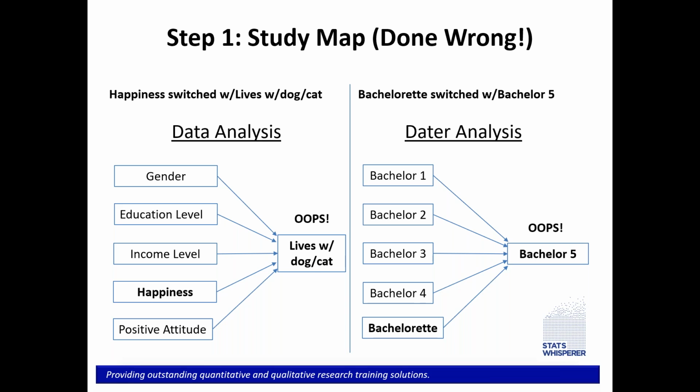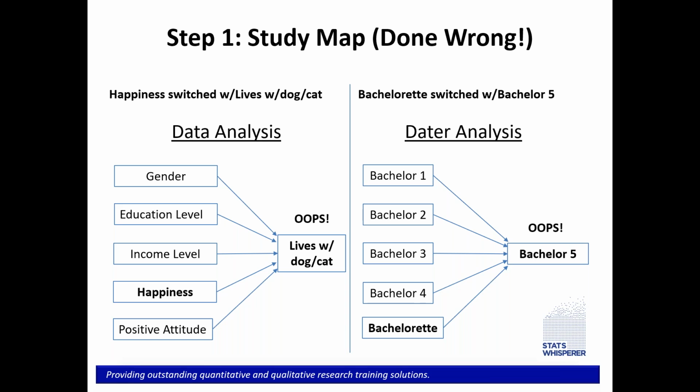Now, we don't want to switch these up. This is important. You see on the left here, we've switched happiness, the dependent variable, with lives with a dog or a cat. So we want to have the right variables mapped. This is the beginning. This is the trajectory of the study. And you're off for the rest of the study.